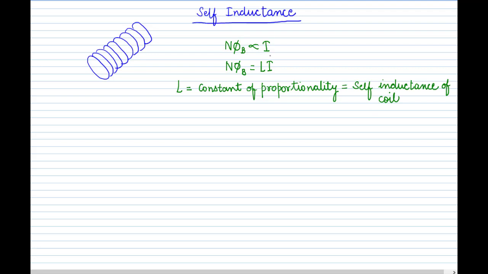So if we vary the amount of current that is flowing in the coil, then due to the change in the current, the magnetic flux Nφ also changes, and due to the change in the magnetic flux, an EMF is induced in the coil.